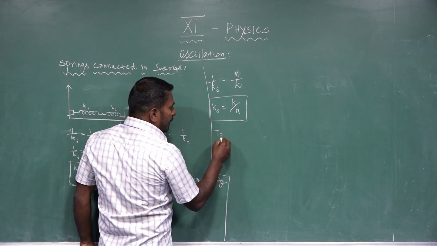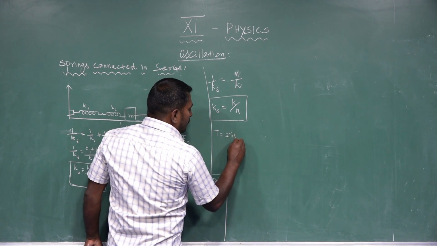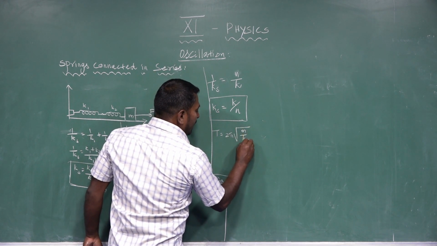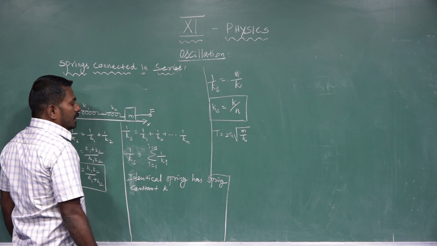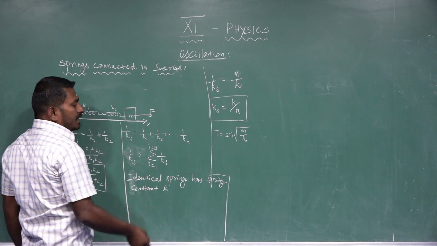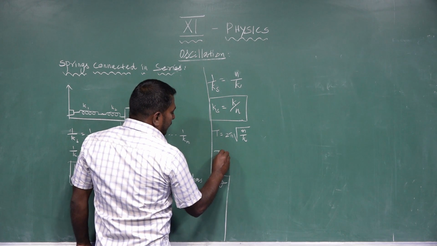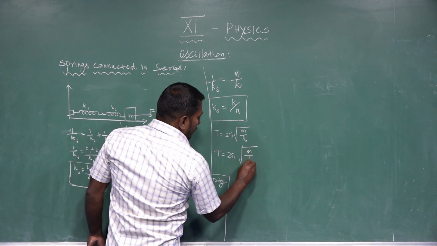Generally, the time period of oscillation T is equal to 2 pi square root of m divided by K. Now, here both springs are connected in series, loaded with mass m executing simple harmonic motion, so the time period T is equal to 2 pi square root of m divided by Ks.